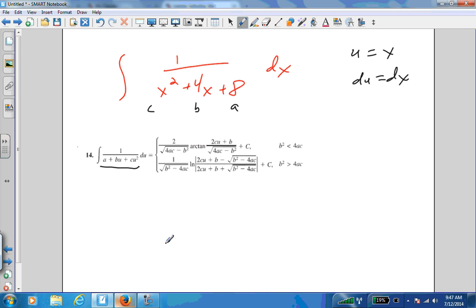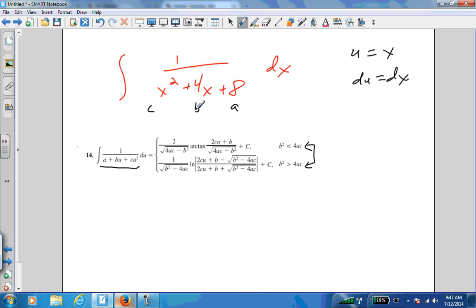The trick is, which one of these? Because we have two different variations that are similar, yet remarkably different. One of them is arctangent, one is natural log. The way we determine that is which one of these it applies to. So we need b squared.